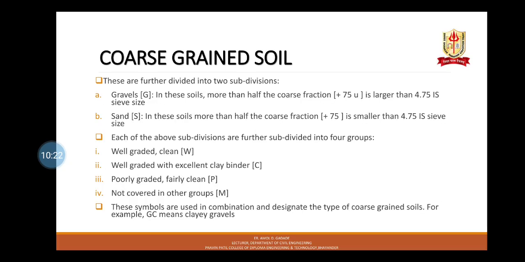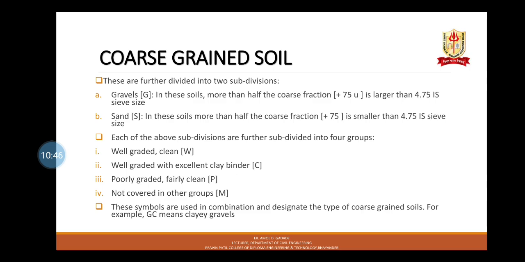Starting with coarse grained soil, these are further divided into two subdivisions: gravel and sand. Gravels: in this soil, more than half the coarse fraction is larger than 4.75 mm IS sieve. Sand: in this soil, more than half the coarse fraction is smaller than 4.75 mm IS sieve.